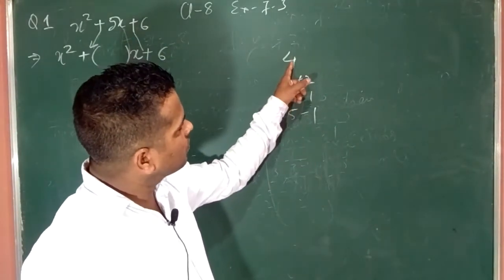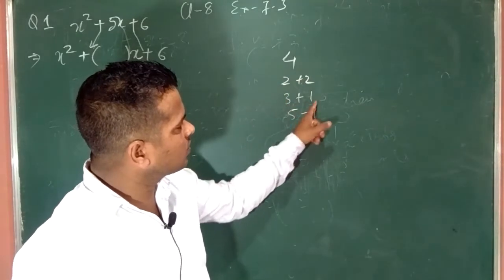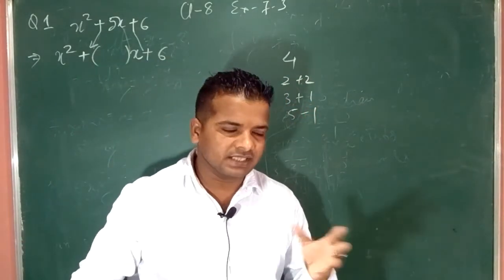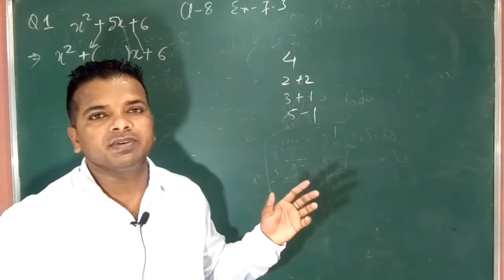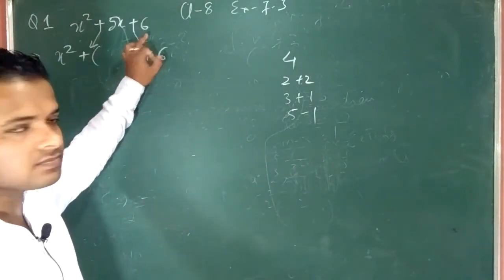But for 4, which two numbers are accepted by the equation will be decided by the constant.